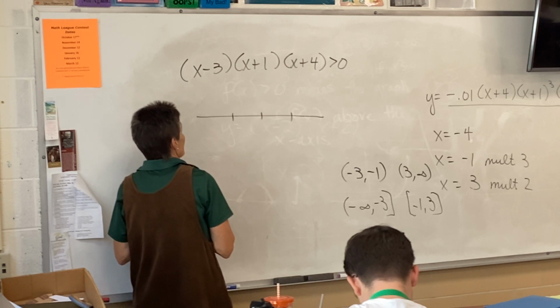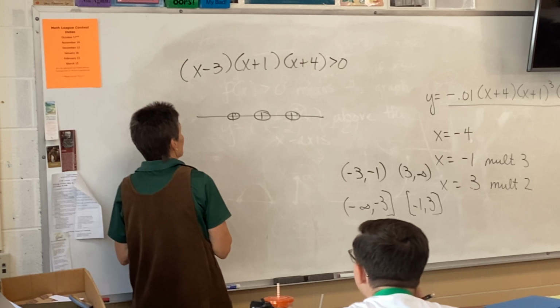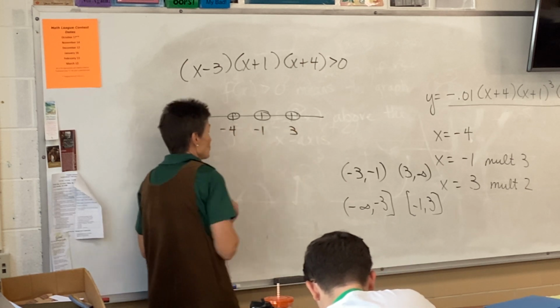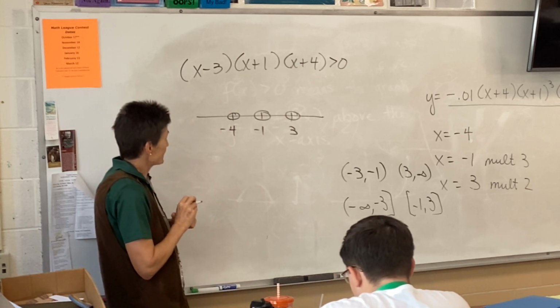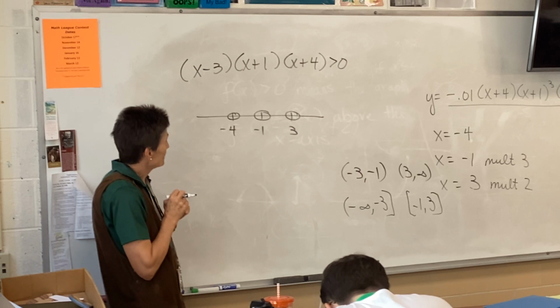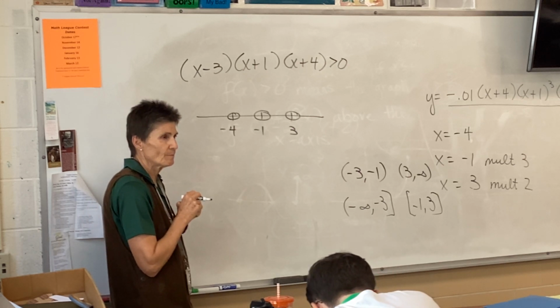Where should the dots on the number line go? 3, negative 1, and negative 4. We have to make sure we get them on there in order. This is a number line, so make sure they're in order. Now, you remember what we did before? We did some of these earlier this year. What did we do? Test points.